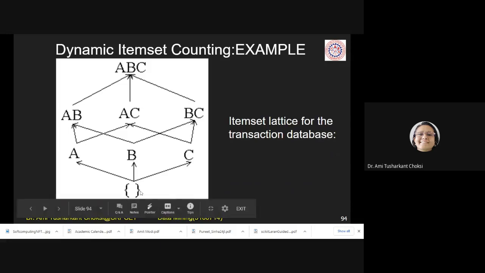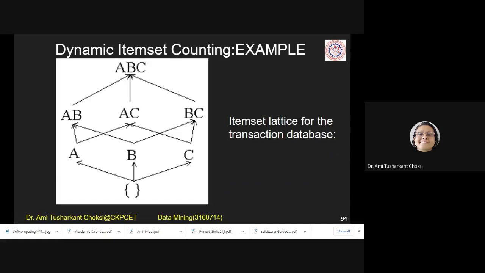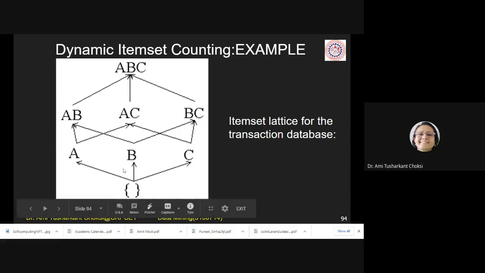First of all, let us consider the empty item set. Then after that we are having A, B, and C. Then we combine them to get the next level, so we are generating the 2 item sets, right?